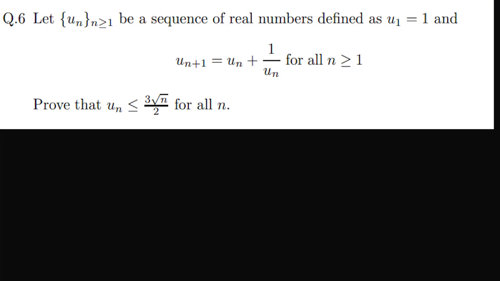Now the sixth question is, we are given the sequence of real numbers defined as U1 equals 1, and U(n+1) equals Un plus 1 upon Un for all n greater than or equal to 1. Now if we find U2, it is going to be 1 plus 1, which is 2.